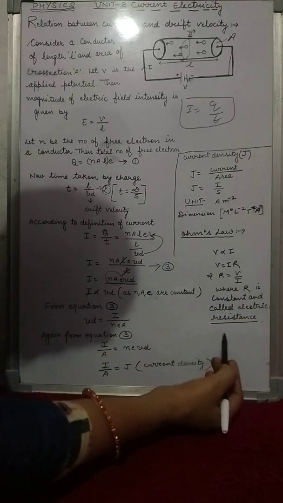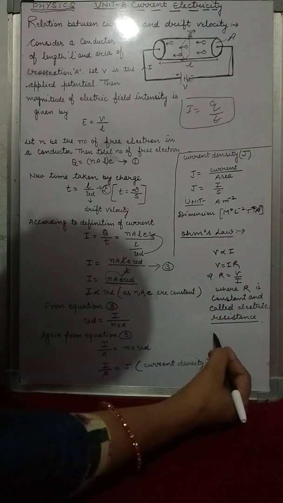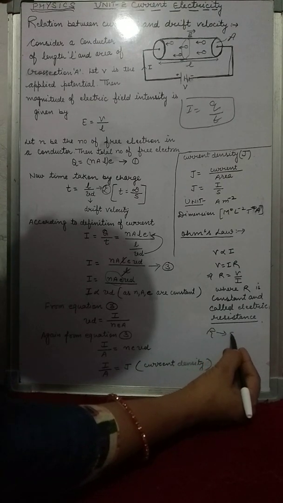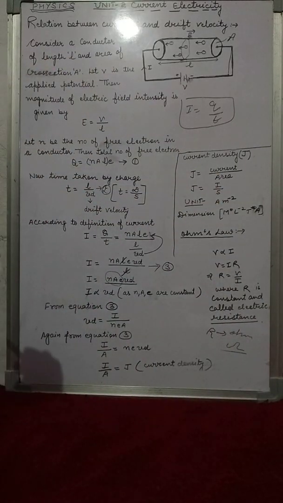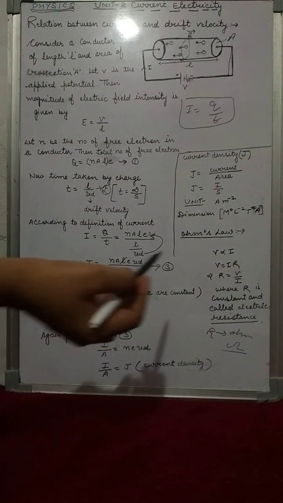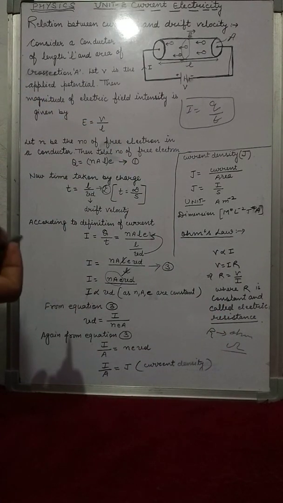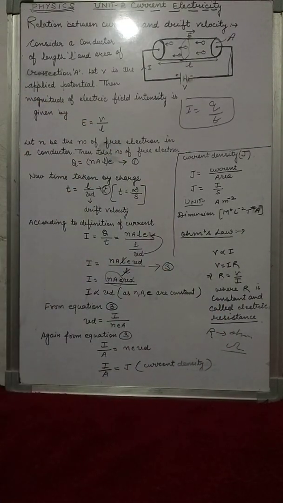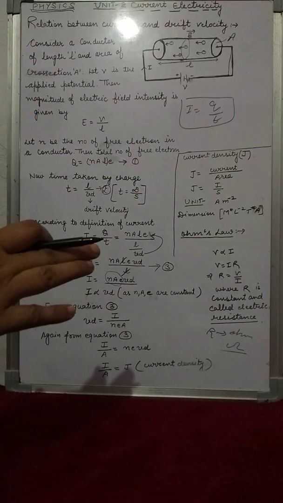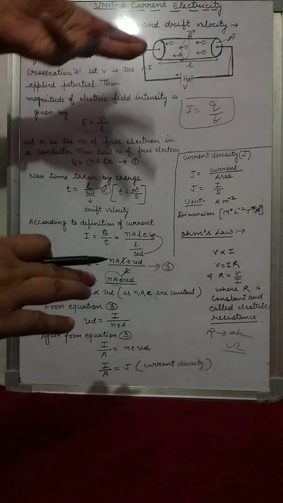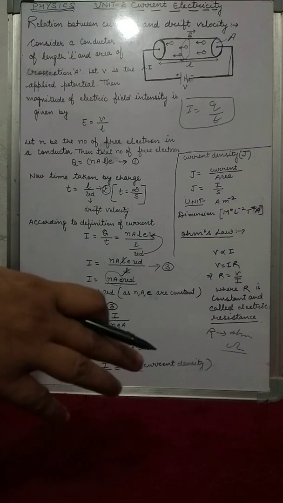The unit of resistance is ohm, denoted by this symbol, and we can calculate the dimensions of R here. Now in our next topic we will discuss other relations about drift velocity.